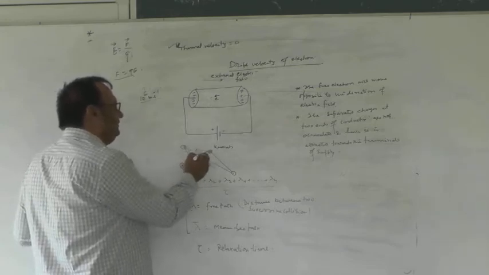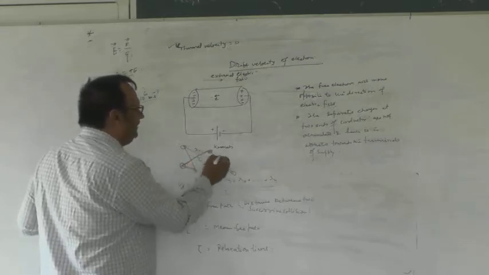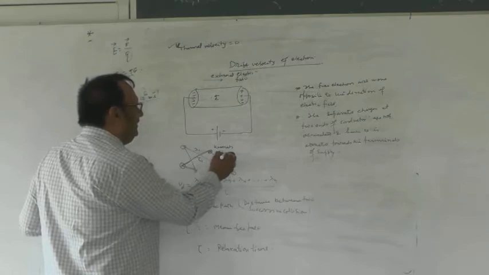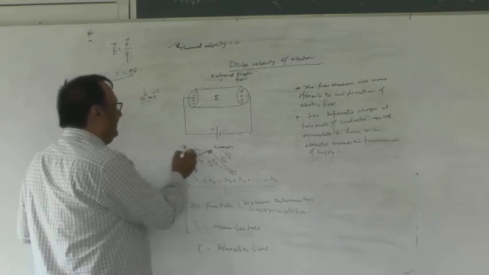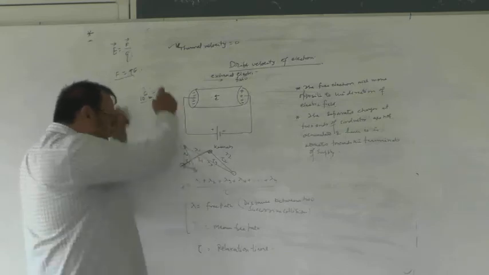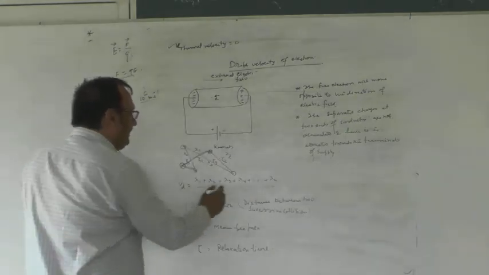Suppose this electron moves from here. This is lambda 1, time tau 1. From here it moves, this is lambda 2, tau 2, this is lambda 3, tau 3, this is lambda 4, tau 4. These are the times.